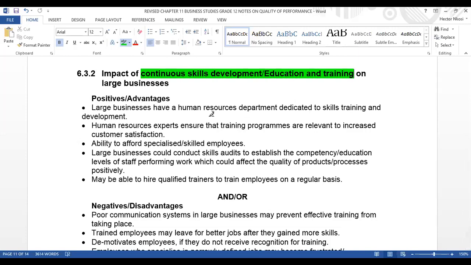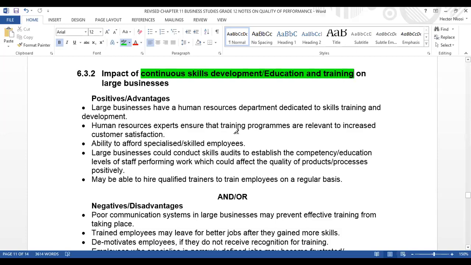The HR department, number one, tells you when there's a training that will benefit you or equip you for your job. Also, the HR department helps us with our salaries. They're the ones who place us if we're looking for jobs. Also, human resources experts ensure that training programs are relevant to increase customer satisfaction.